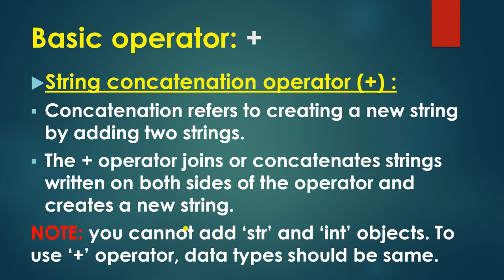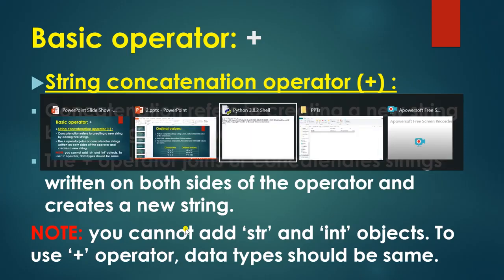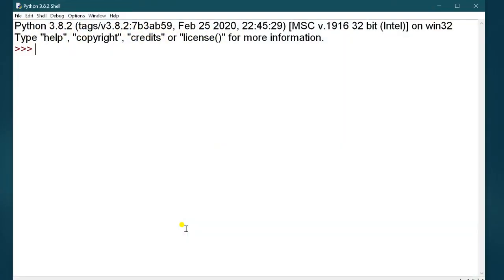Now I am going to show you how this works using Python IDLE. Here, if I write "hello" plus "world", it will give you hello world.